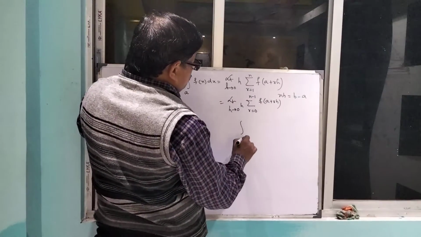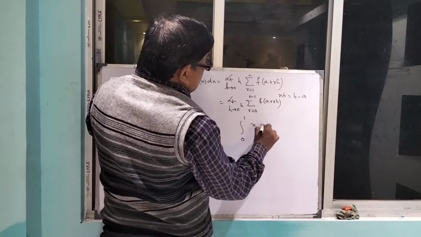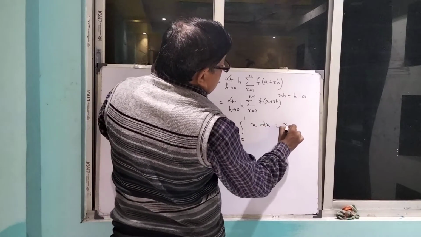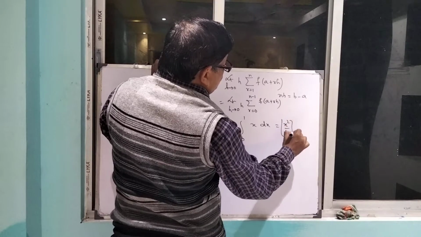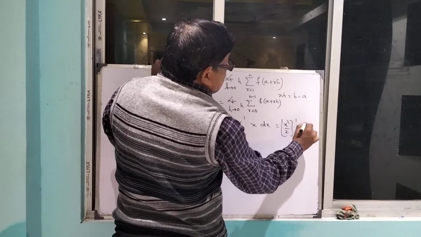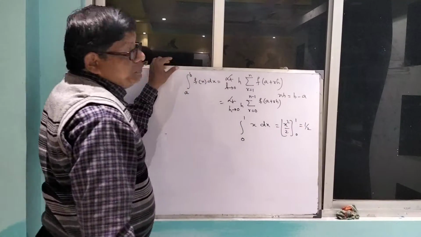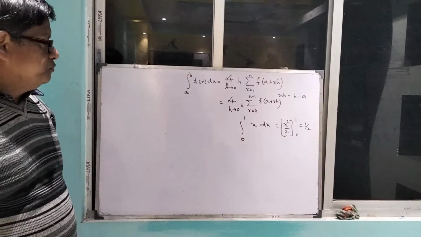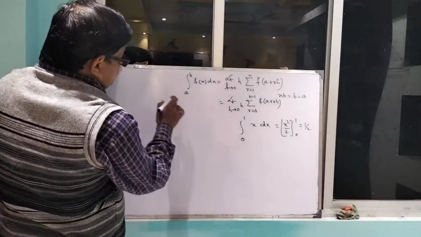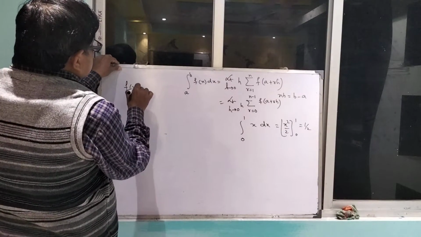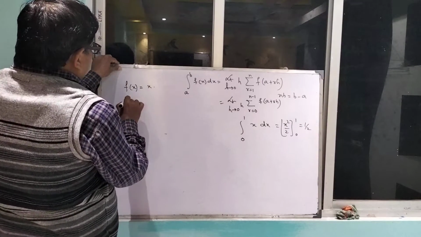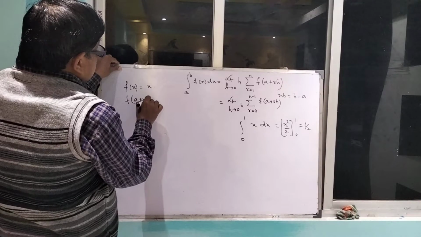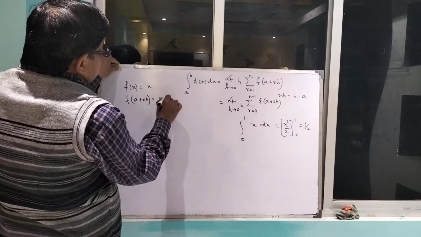Suppose you are doing the integral from 0 to 1 of x dx; we know it is x square by 2, from 0 to 1, so the answer is half. With the help of the formula, how do we solve it? First write f of x equals x, so f of a plus rh is a plus rh.